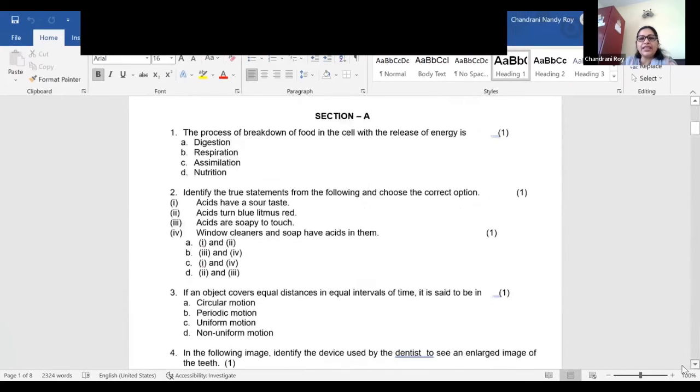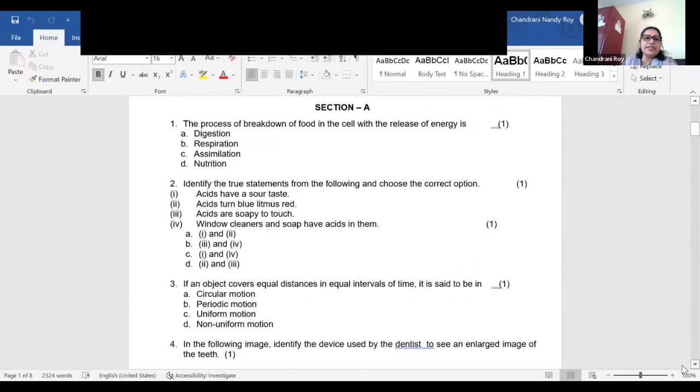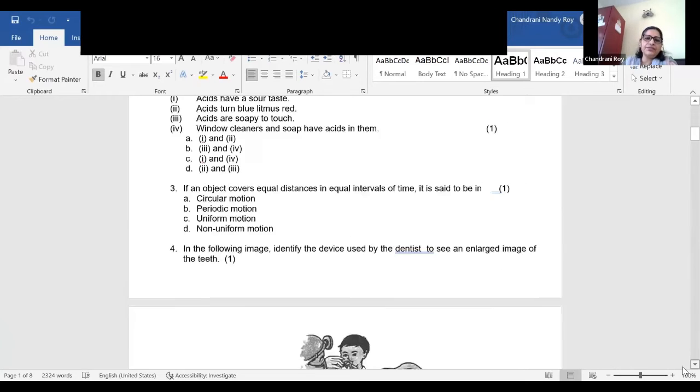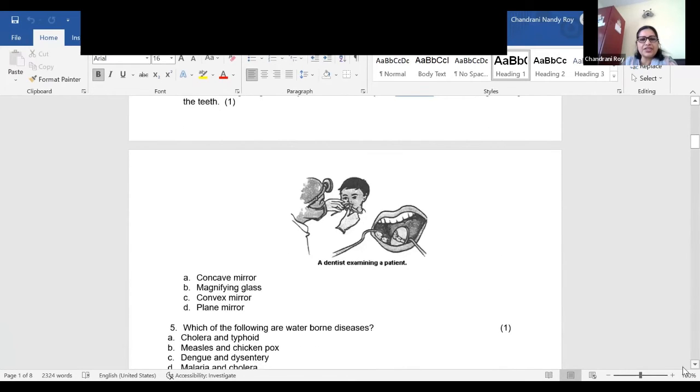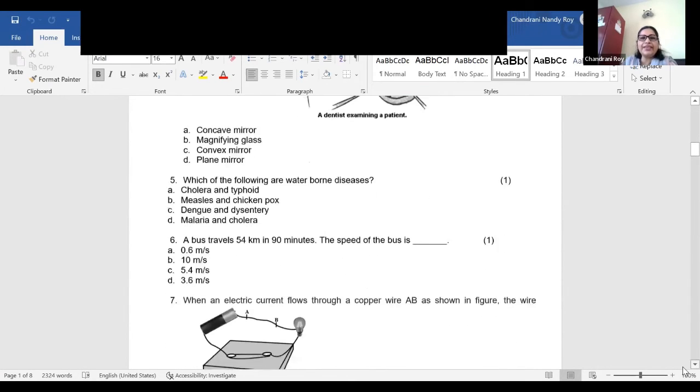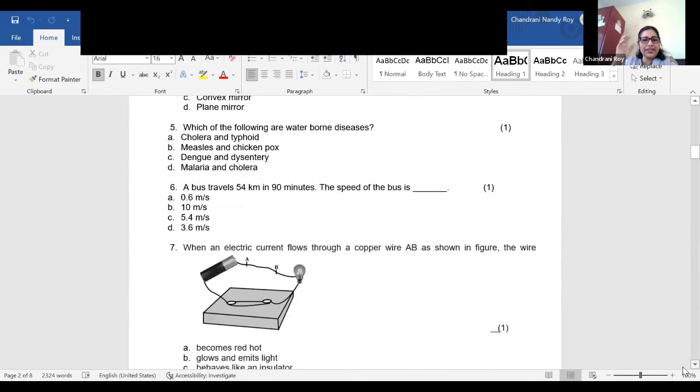So we have section A, which is totally MCQ based. And here, as you can see, we have 4 options. I think that you are very aware of that. But one thing I would like to draw your notice to is that when we design a question paper, we use a lot of diagrams in our papers, because science becomes more interactive then.